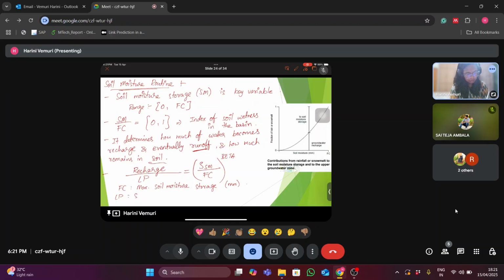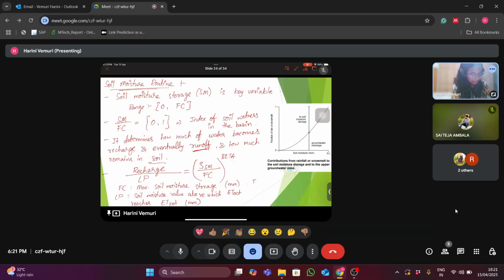LP is the soil moisture value above which actual evapotranspiration reaches potential evapotranspiration, that is also in mm.